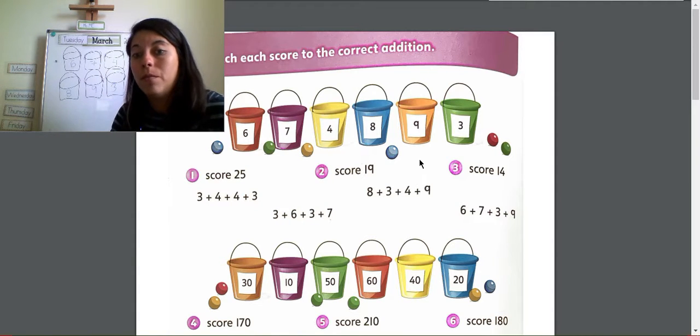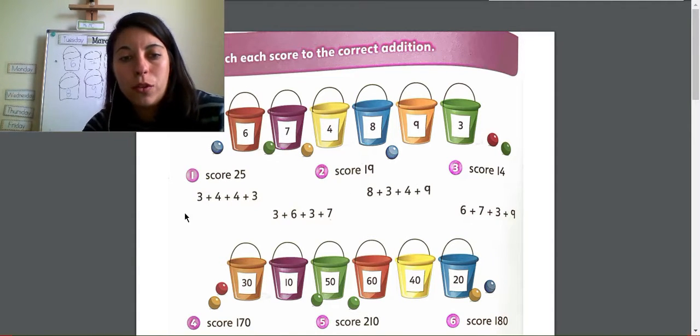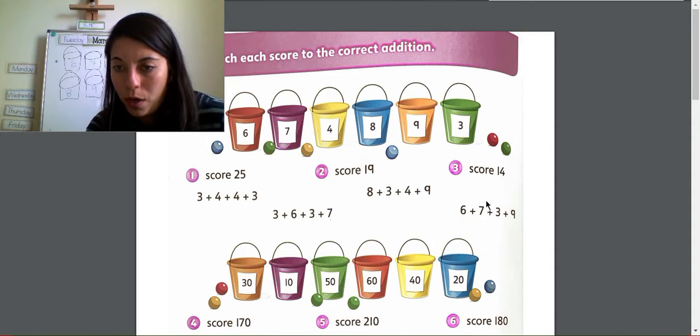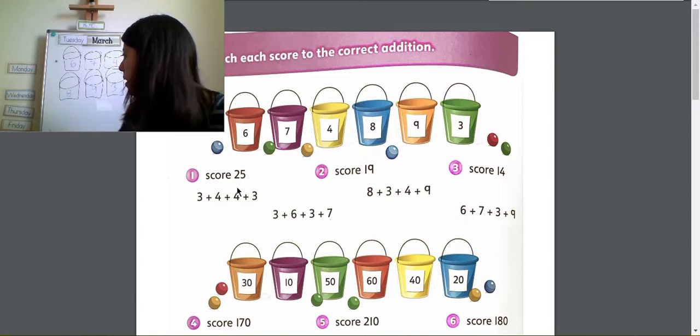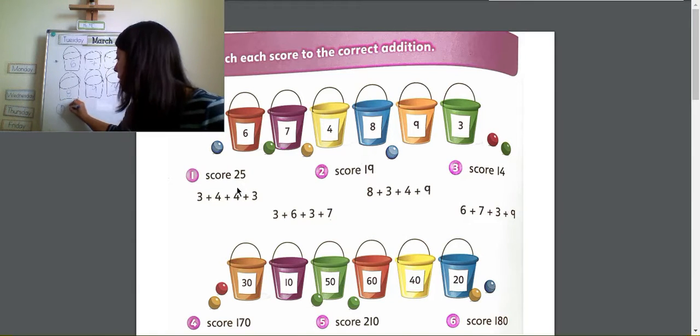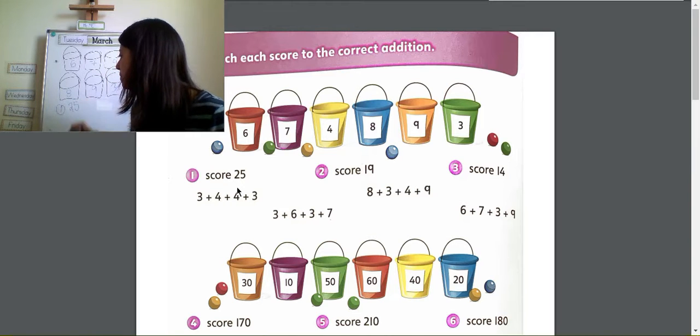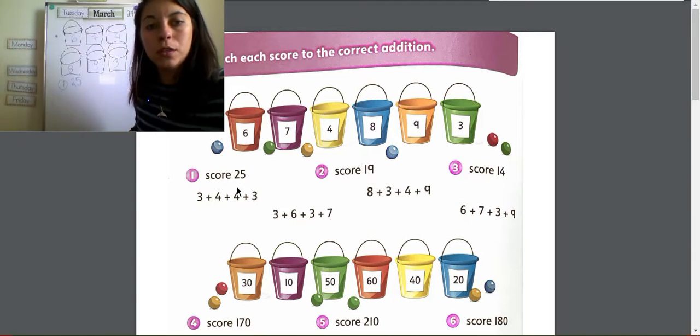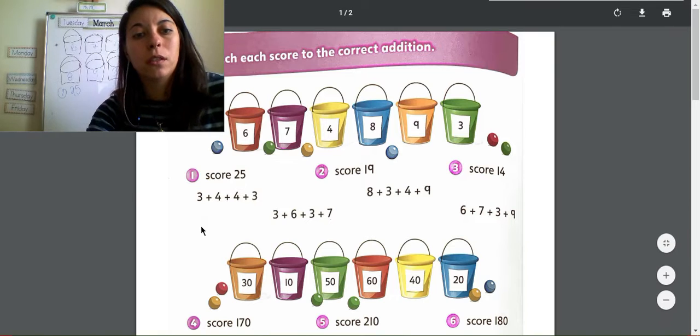Now, you have exercise 1, exercise 2, and exercise 3, and they give you the score. In number 1, the score is 25, and then you have a series of additions.